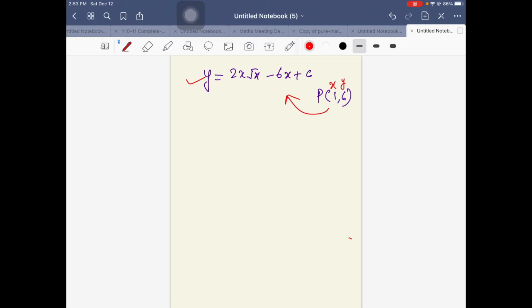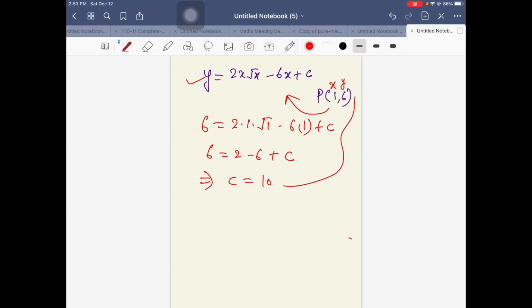So plugging in y equal to 6 and x equal to 1, we get 2 times 1 times root of 1 minus 6 times 1 plus c. Simplifying further, you get 6 equal to 2 minus 6 plus c. It means c is equal to 12 minus 2, which is 10.